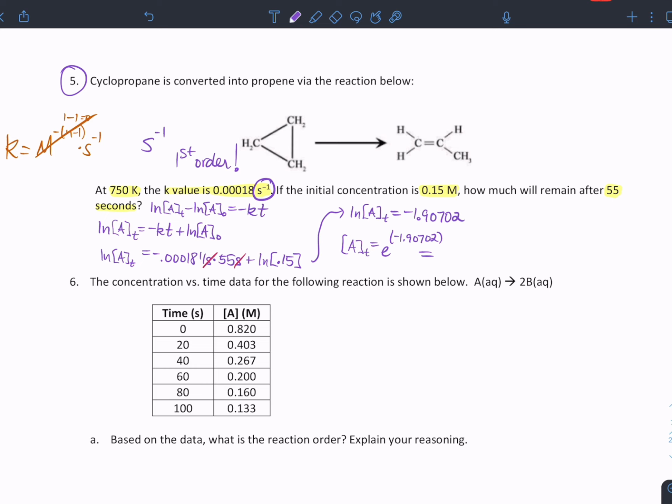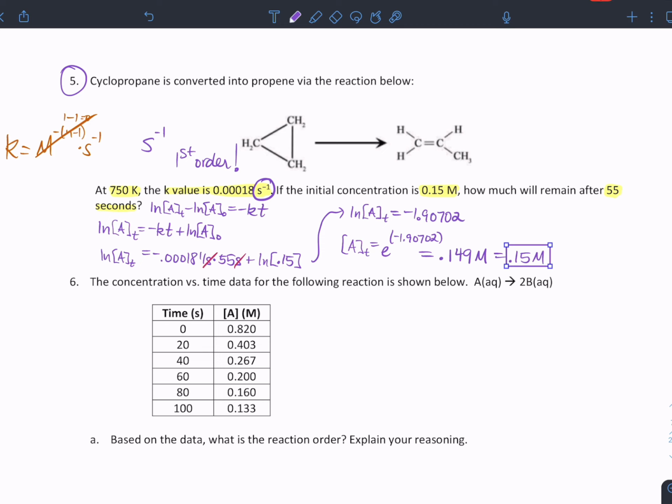E to that answer is going to give me 0.149 molar, which really looks like we want to round this to 2 sig figs. So it's really going to be 0.15 molar. That 55 seconds really isn't enough in this situation to even change that concentration significantly with our number of sig figs.